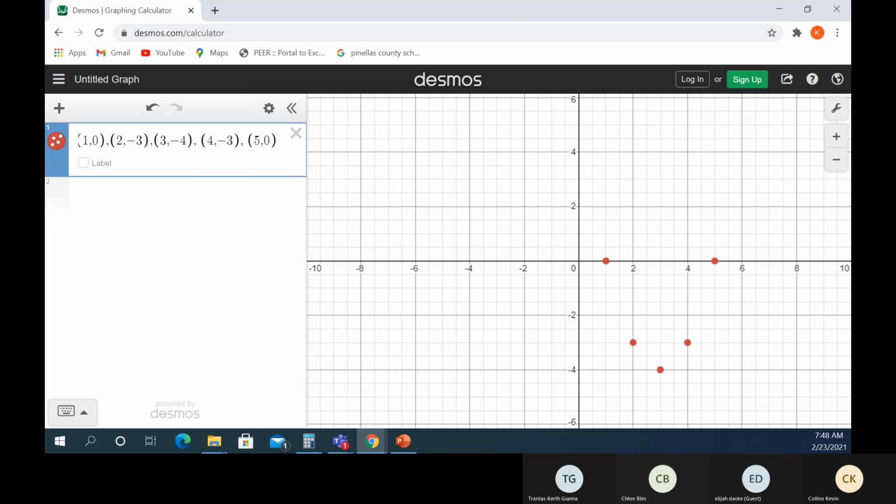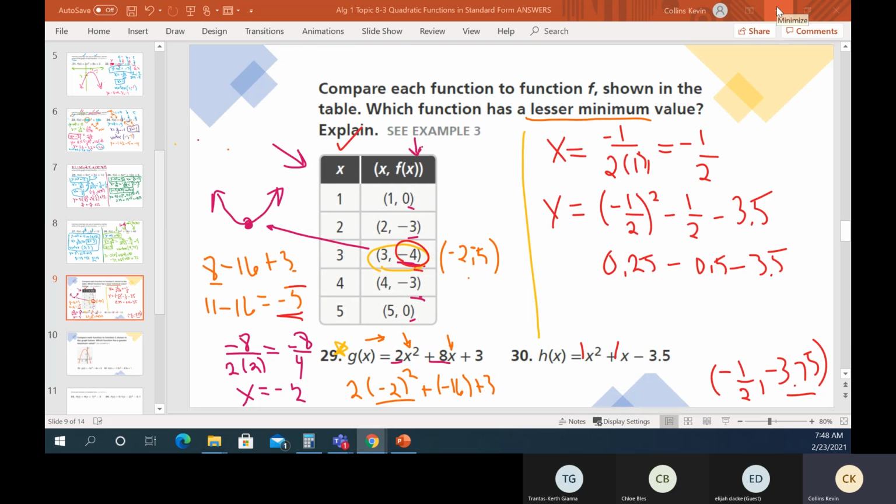I gotta pop Desmos down for a second because I didn't see what we had here as far as the other functions. I didn't write them down. Give me just a second here. All right, so let me write these other 2 guys down real quick. So we've got 2x squared plus 8x plus 3, and then we've got x squared plus x minus 3.5. Okay, got it.